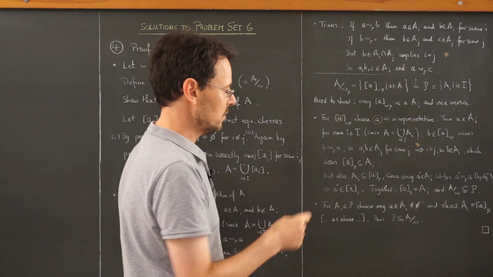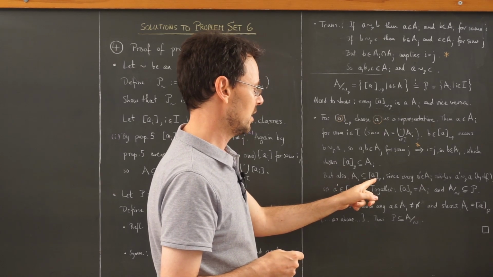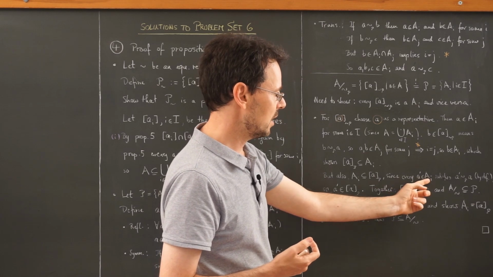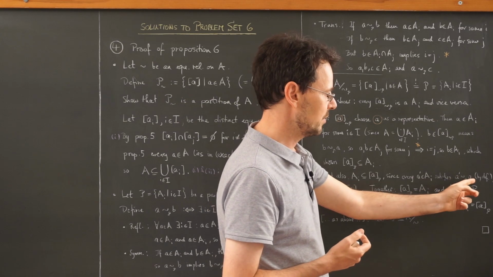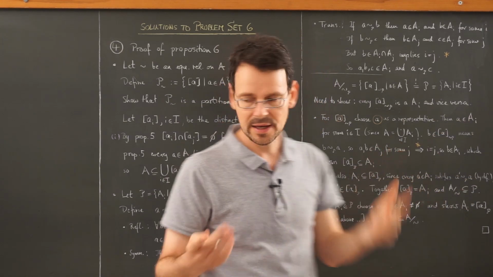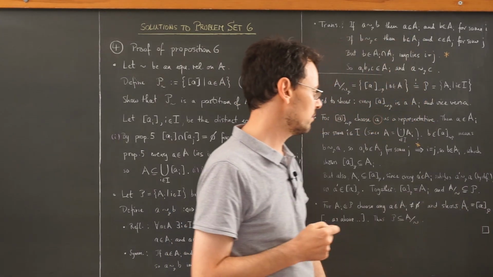The converse is also true. A_I is a subset of this equivalence class. Why? Let's take any element A prime of this A_I. Then of course A prime is equivalent to A. Why? They both lie in the same set A_I. And this is the definition of this equivalence relation.